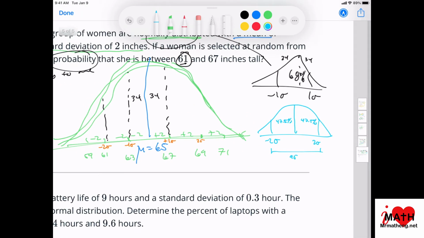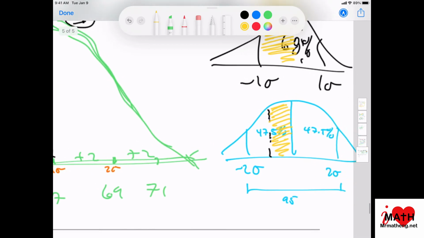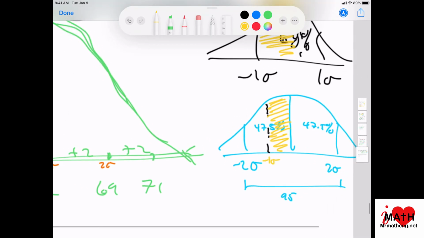Okay, so let's review what we got so far. I need to know this portion, I chose a bad color, let's do yellow. If yellow here is 34%, yes, 1 standard deviation, how much is this blue area?